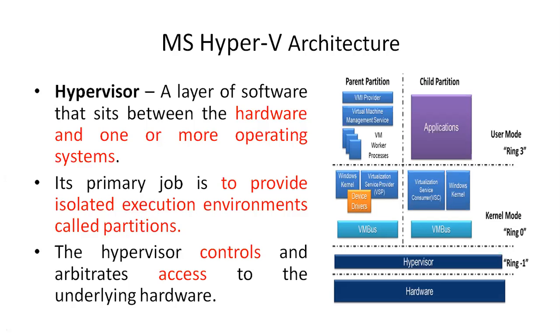To provide isolated execution environments, which are called partitions. The hypervisor controls access to the underlying hardware. That means it has the main control and access. That is the hypervisor component in the MS Hyper-V architecture.